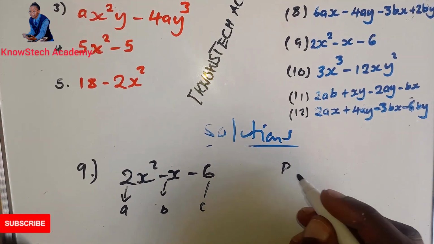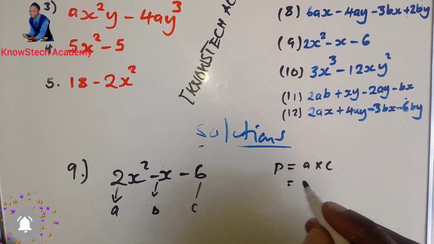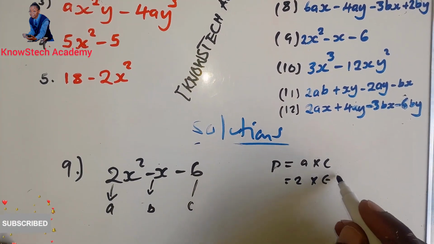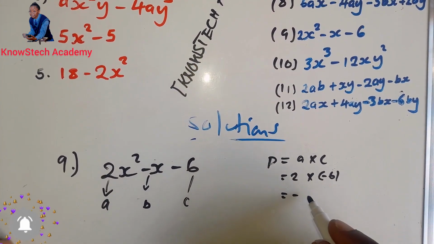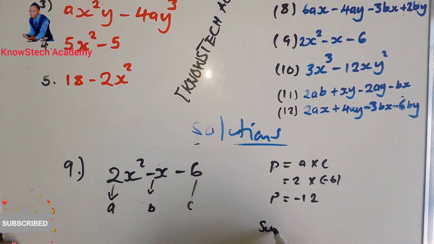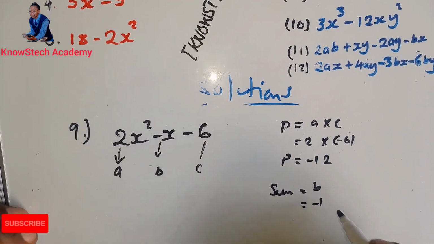So how do you do that? We first find the product of a and c. A is 2, then c is negative 6. When you multiply them, you have negative 12. So the product is negative 12. Then the sum is b, which is negative 1.